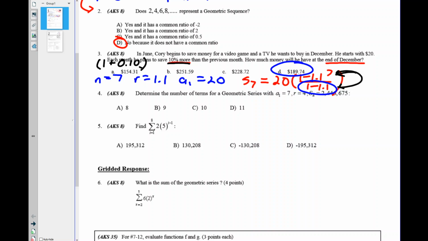For a rate, if something was going down, if it was a decay, then your rate would be negative. Like if you were saying, I'm gonna start losing weight, and I want to lose 5 pounds in the first month, and every month thereafter, I want to lose 10% more than the previous month. It would be 1 minus 0.10, which would be like 90%.